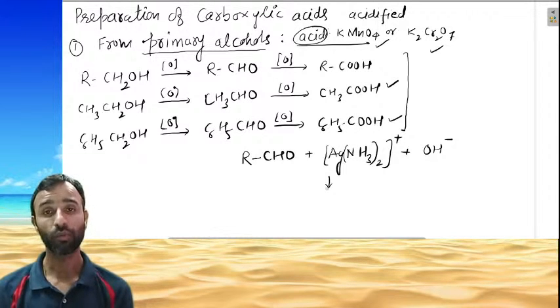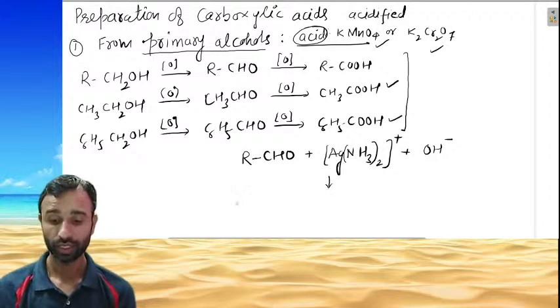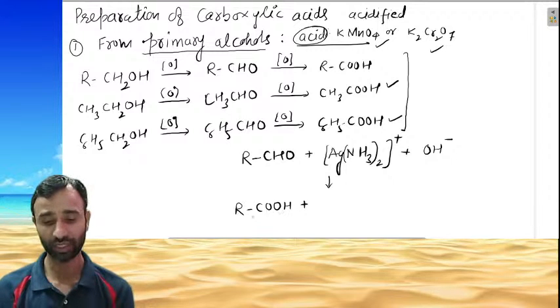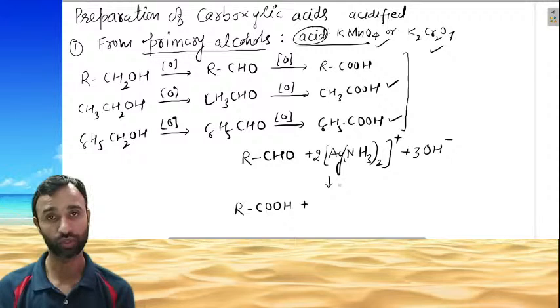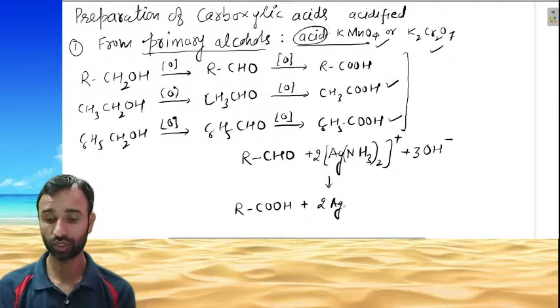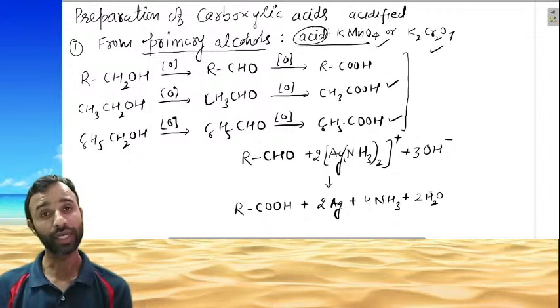Tollens reagent is ammoniacal silver nitrate solution that can also convert aldehyde into carboxylate ion or acetic acid, with 2 moles of silver complex and 3 moles of OH negative. This is also called the silver mirror test. You know that. Along with 4NH3 and 2H2O.